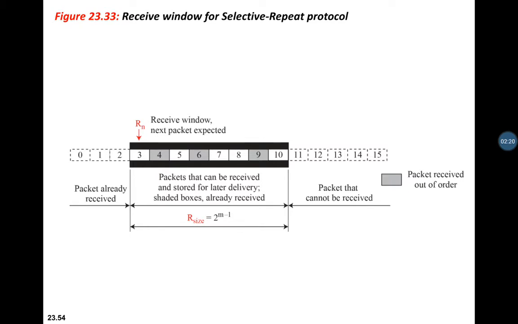Because the sizes of the send window and the receive window are the same, all the packets in the send window can arrive out of order and be stored until they can be delivered. So the receiver never delivers the packets out of order to the application layer. That is very important. Here you can see the slots inside the window. There are a few shaded ones. These have arrived out of order and are waiting for the earlier transmitted packets to arrive before delivery to the application layer.